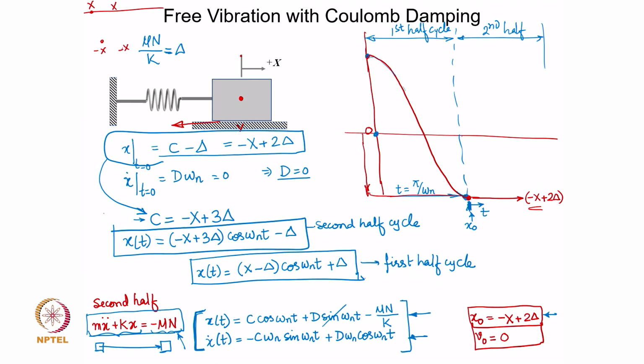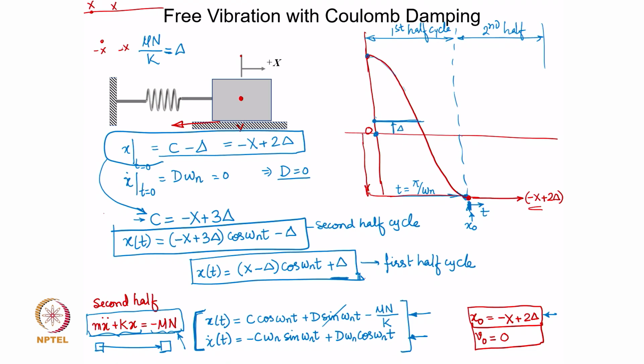Now, just focus on the expression for the first half cycle. Please make a note, it shows that there is a constant bias value in the response which is mu n over k, that is delta, which means that the first half cycle motion is going to have a mean position around which the oscillations happen, given by delta.